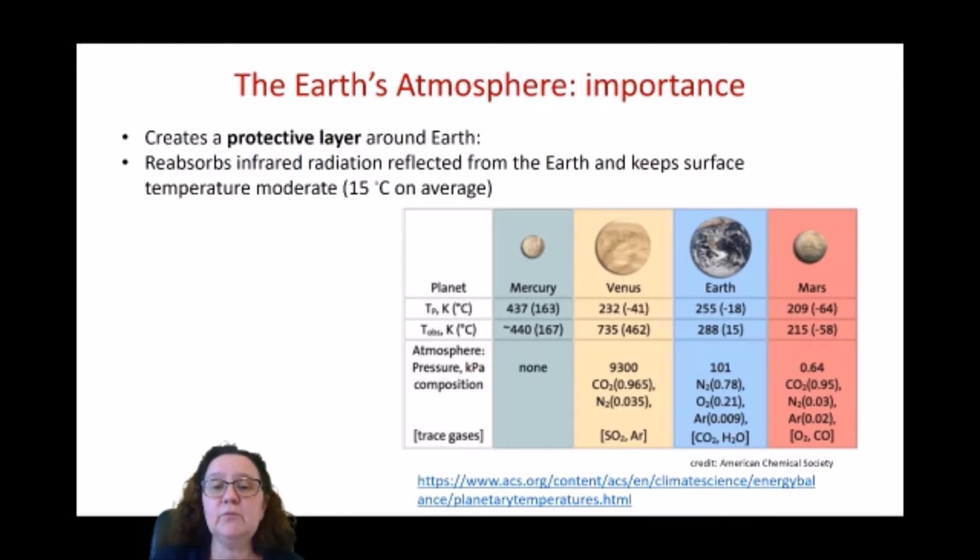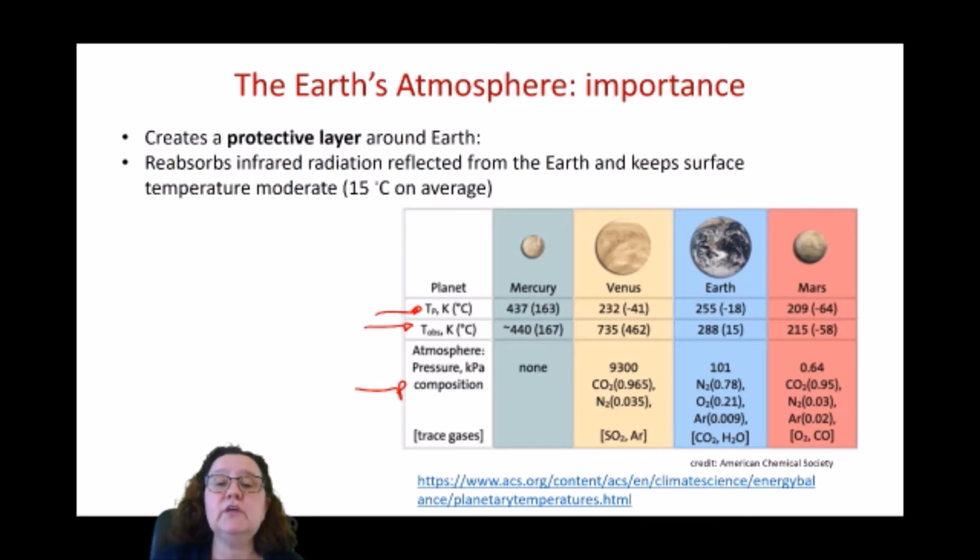This is a table from the American Chemical Society with 4 different planets and the composition of their atmosphere, their observed average temperature, both in Kelvin and centigrade, and their predicted temperature. And those predictions have been done using the black body physical model.